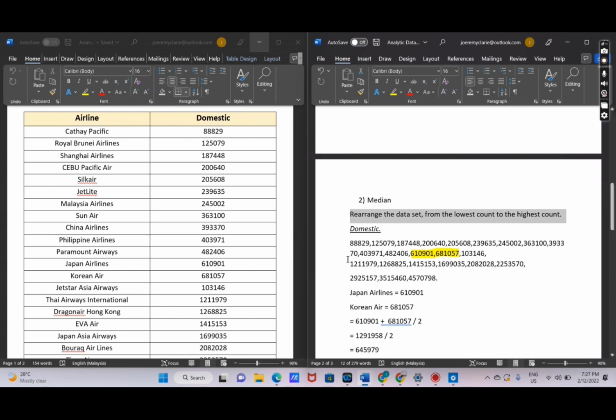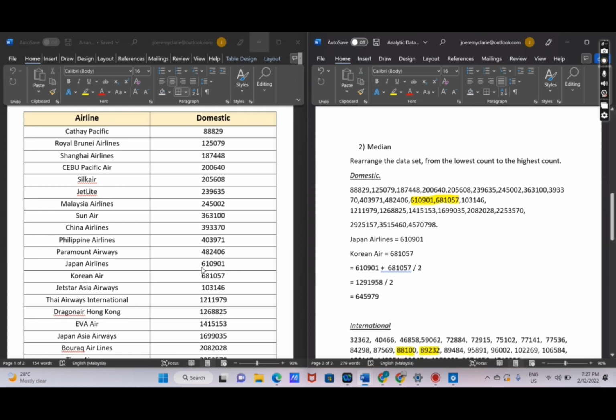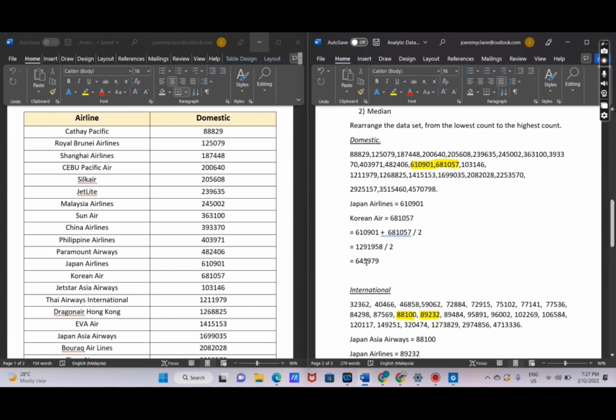We have 24 data points here, so that means we are going to have two medians: number 12 and number 13, for Japan Airlines and Korean Air. I will take these two values, sum them up and divide by 2, and I will get 645,979. So this is the median for domestic.